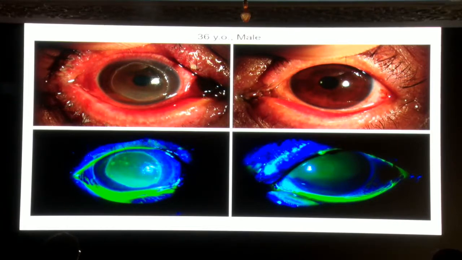There's an epithelial defect, and it is not SJS, you said. No SJS. So you have to give us some more history. Okay, so continue. Thank you.